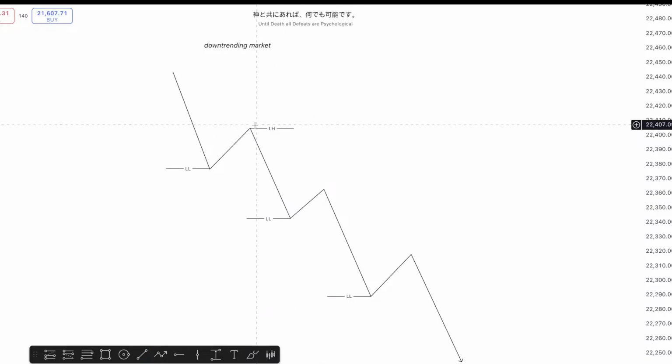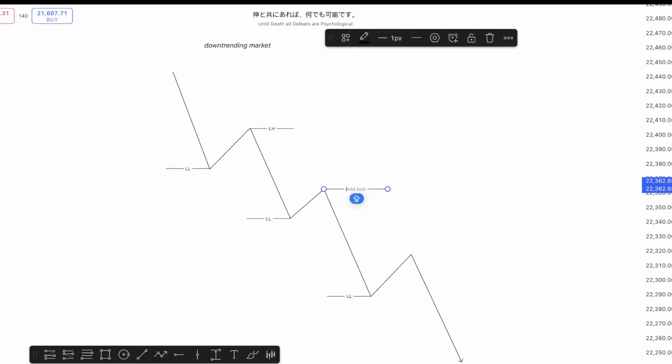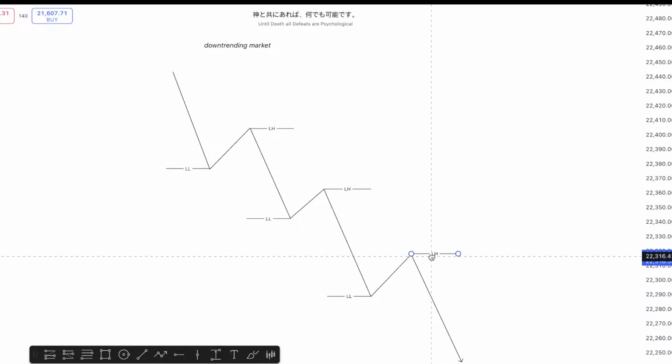It's just a high that is lower than the previous high. So here we have a lower high, a lower high, and a lower high right here. Okay, these highs are all lower than the previous highs, and these lows are all lower than the previous lows. So these are all lower lows and lower highs.